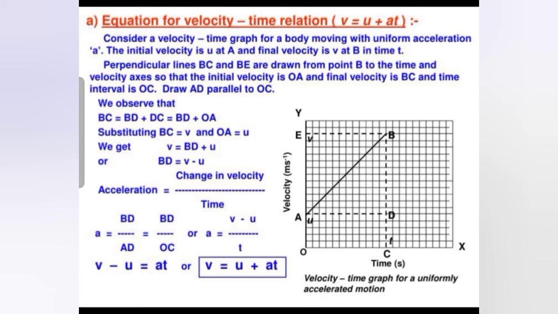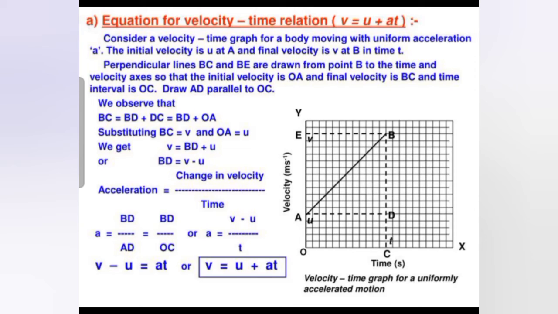Perpendicular lines BC and BE are drawn from point B to the time and velocity axes, so the initial velocity is OA, that means u, and the final velocity is BC. Students, you have to see it properly: the final velocity is BC, and the time interval is OC.